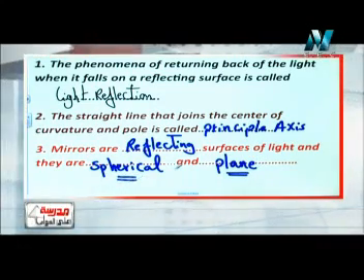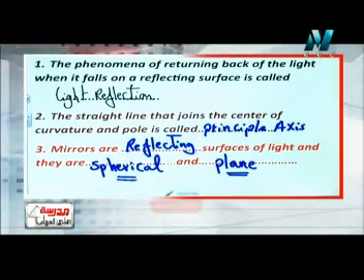Okay, as you see, dear students, here we have to identify the types of mirrors, because sometimes some students say the types of mirrors are concave and convex. No, completely wrong. We have two main types of mirrors, spherical mirrors and plane mirrors. The spherical mirrors are classified into two other types, concave and convex.